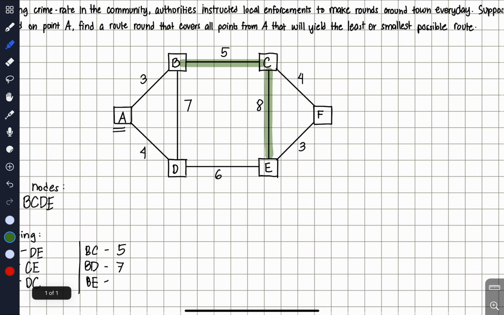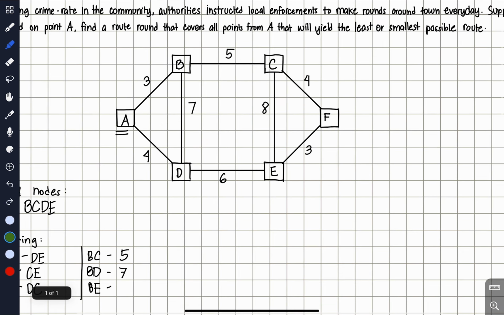However, if we look for an alternative route, we can see that from B to C to F to E is a total of 12.